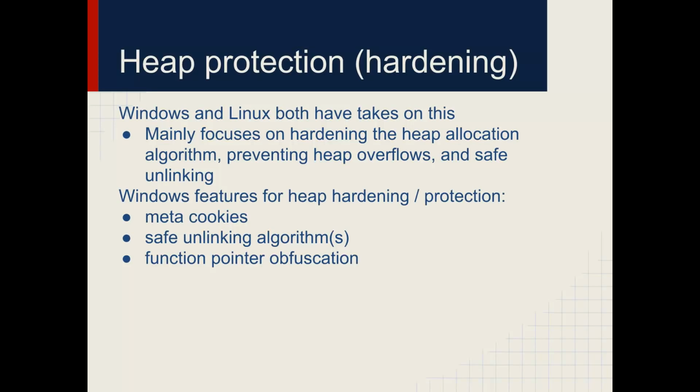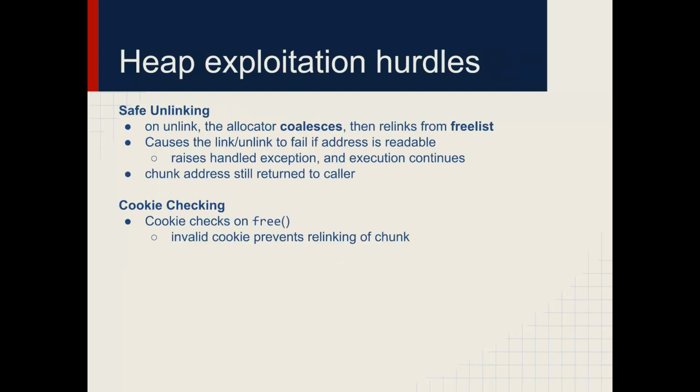To do this, Windows uses metacookies, a safer unlink algorithm, and it also goes to the efforts of encoding pointers with a key or XORing them as they sit statically in memory. So they're really hard to find, so we can't do that level of debugging to develop an exploit. All it does is effectively obfuscate the heap, so it makes it harder to work with.